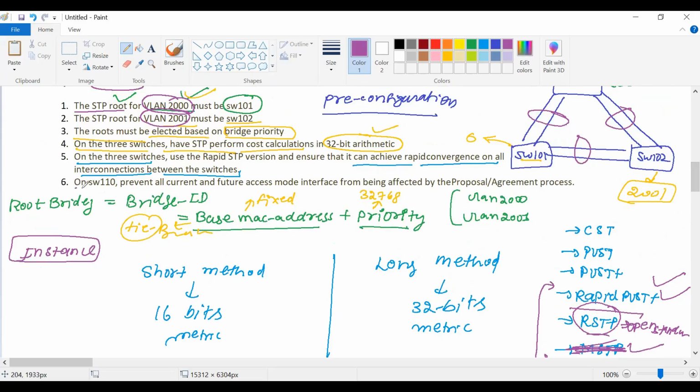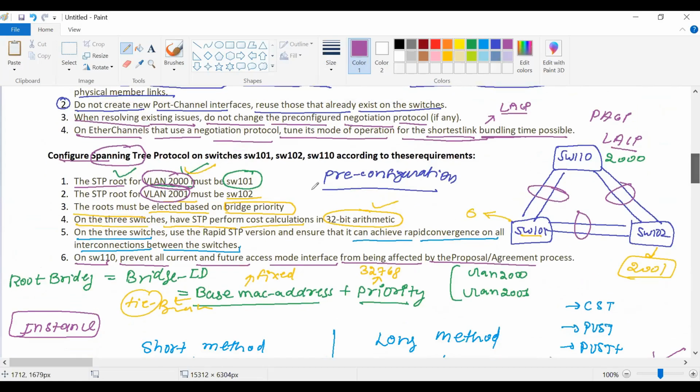Then on switch 110, prevent all current and future access mode interfaces from being affected by the proposal and agreement process. On this switch, we have 2 users. By default, RSTP or rapid PVST plus sends proposal and agreement messages.